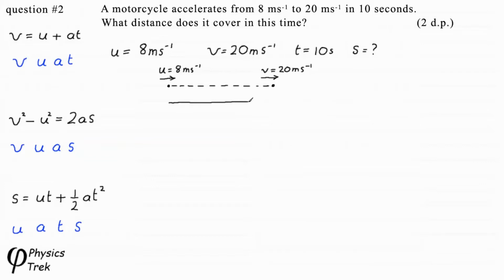The time for the motion T is equal to 10 seconds, and we need to find the distance S.